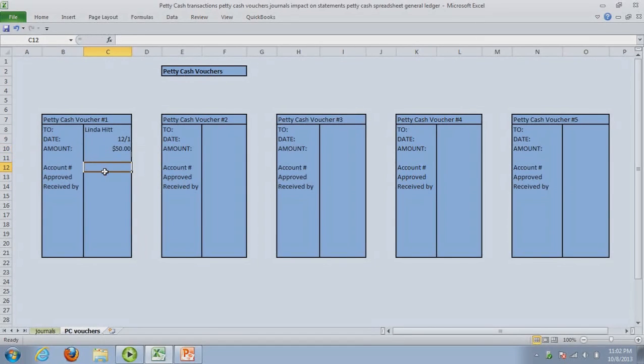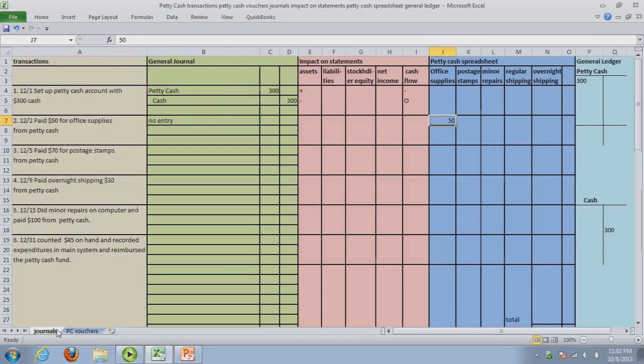And then we'd assign an account. We probably had some signatures to approve it, and then if I receive it, I would actually sign that part. Okay, so we have the petty cash spreadsheet used and a petty cash voucher filled out and signed by the person receiving the money.